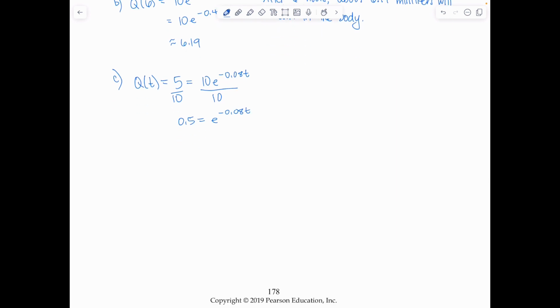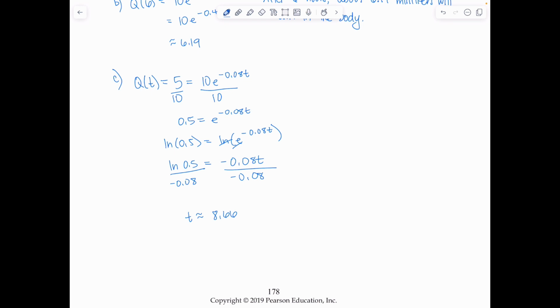If we take the natural log of both sides, then that will take care of our e. So we have the natural log of 0.5 equals negative 0.08 t, and we'll divide by that negative 0.08. So t is going to be approximately 8.66.